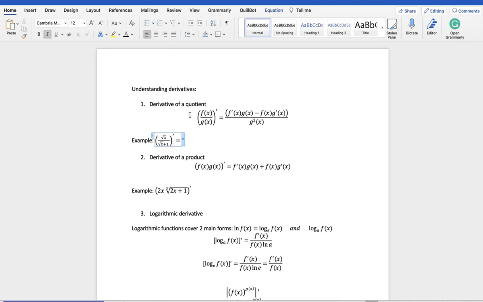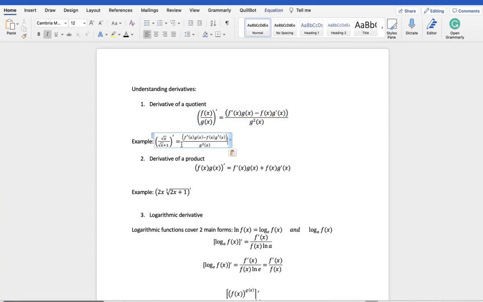If we apply the rule of the quotient, right?